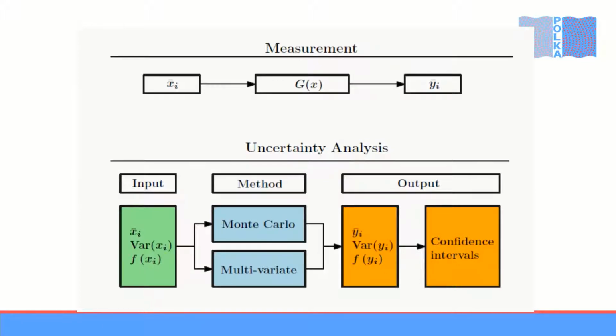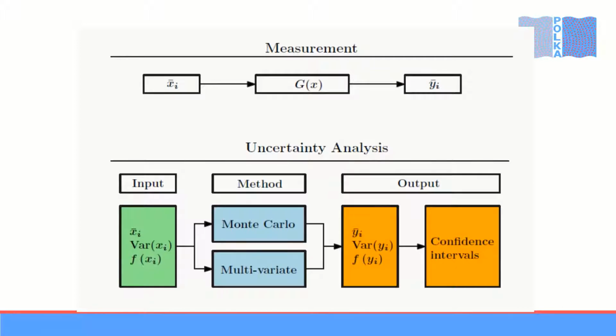In the example you've been working with now, we are applying the two microphone technique to the measured microphone signals, and then we get an output. You calculated the reflection coefficient or other quantities, and then we want to put confidence intervals on this output.